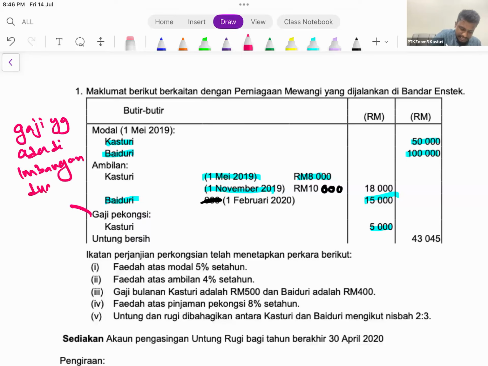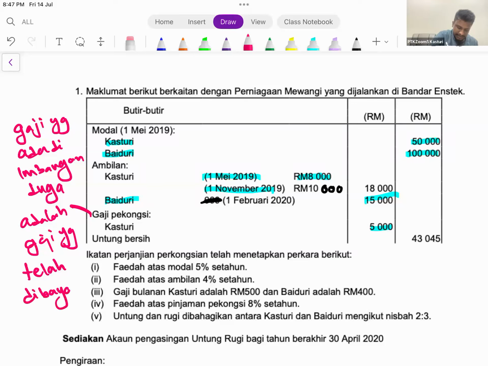Gaji yang ada di imbangan duga adalah gaji yang telah dibayar. Already paid the guy. Kasturi, you paid 5,000 already.